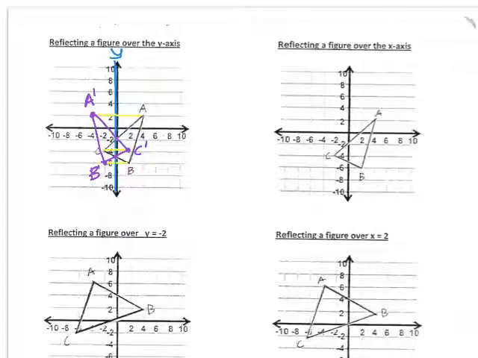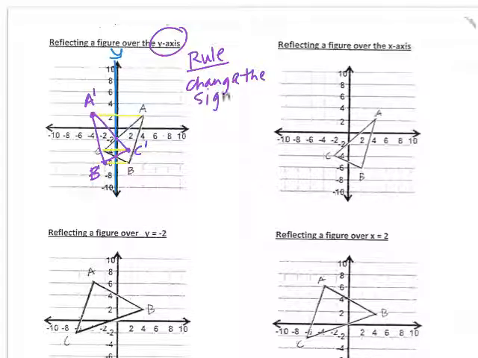So I want you to write down a rule, because we're going to be reflecting over the y-axis several times in the problems that you're going to be doing. The rule is to change the sign of the x value. So if you notice what happened here, when we reflect over the y-axis, the sign of the x value changed because the point A is still 4, but now it's negative 4 over here.